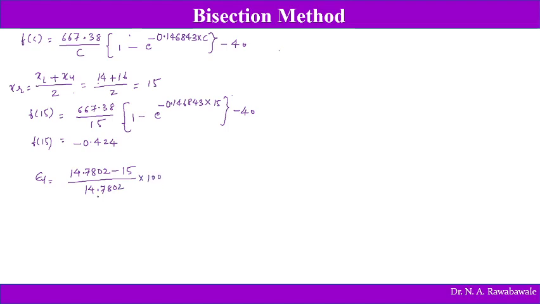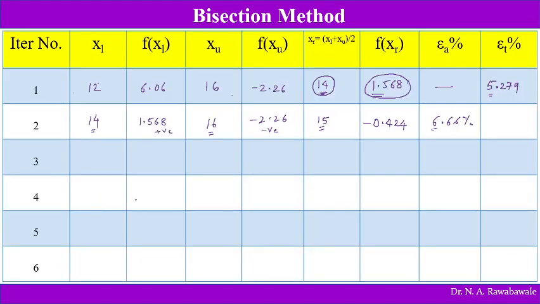So on simplification, this true error works out to be 1.487. So this true error we can substitute here as 1.487. So now again here this is negative.